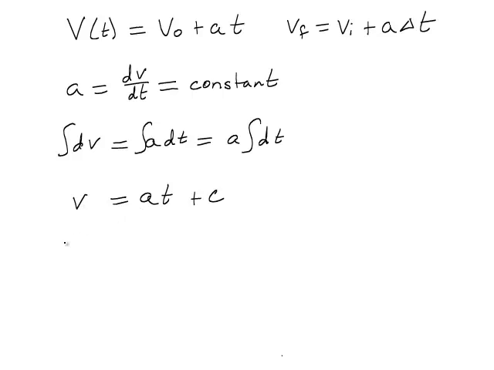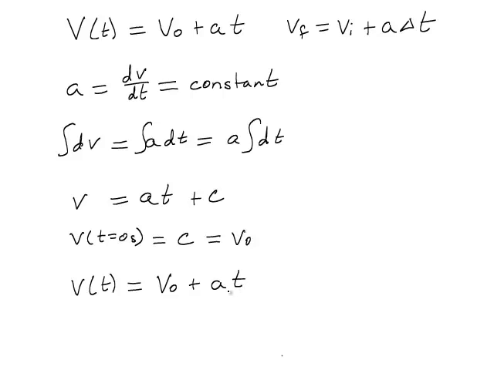Now, when t is equal to 0, we know that we're just left with c, and we typically label this as v naught, some constant. So when I plug this back in, I'm left with the velocity as a function of time is equal to whatever my initial velocity was plus the acceleration times the time. And again, many books write this as v final equals v initial plus the acceleration times a change in time.